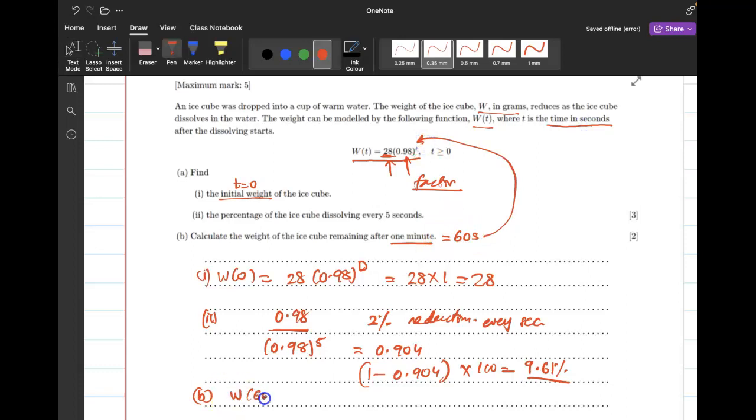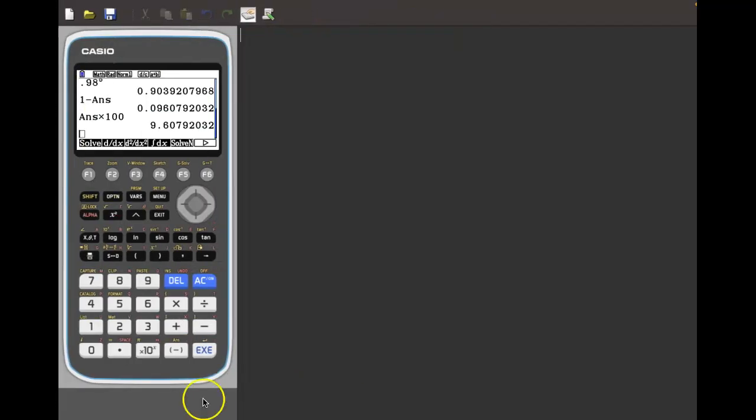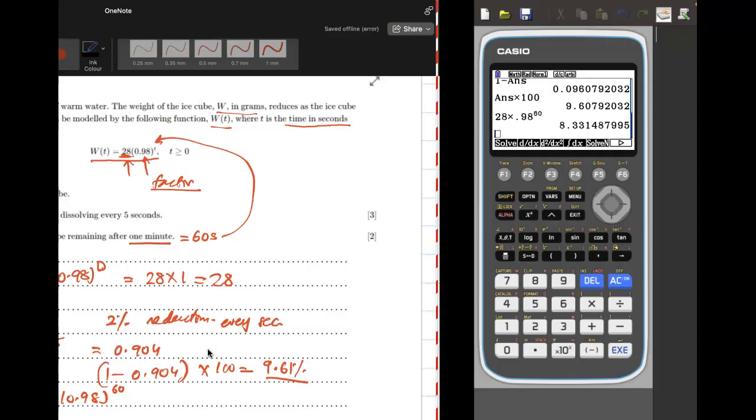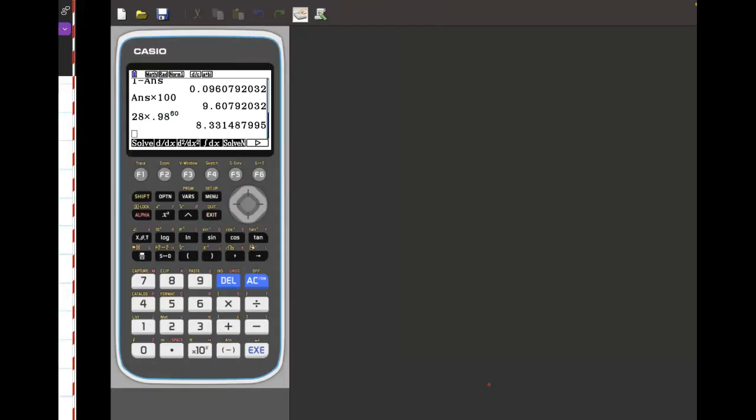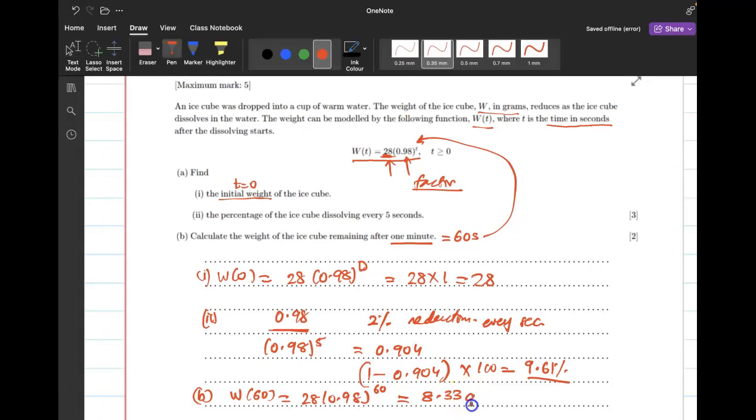So W(60) = 28 × 0.98^60. Use your calculator: 28 × 0.98 raised to 60 gives 8.33. So 8.33 grams will remain after 1 minute. Rounding is correct here.